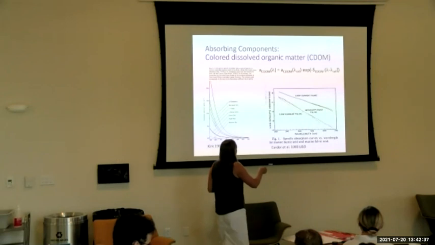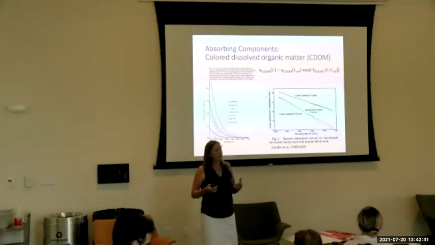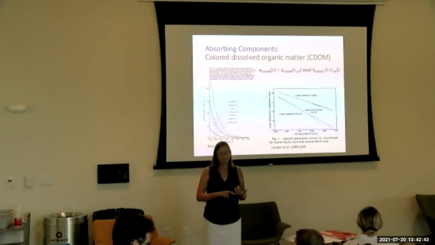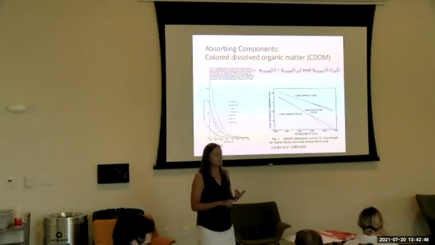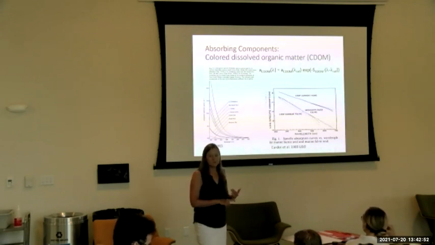And so what I notice in the samples that I work on is when I have material that is more refractory, meaning less biologically yummy, that material tends to have a steeper absorption slope than freshly degraded phytoplankton bloom dissolved organic matter.